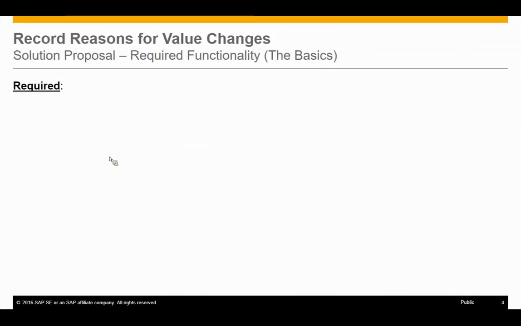Our current functional scope of the browser-based PI sheet does not offer the possibility to record such reasons for value change.